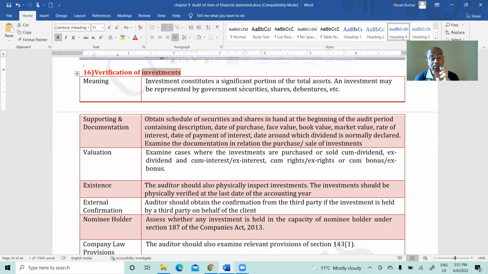When you say investment, normally it refers to financial assets, that means not a real asset. It is a financial instrument, like equity shares, bonds, mutual funds, pension plans, some government notes, some sort of money market instruments. That is this one. Sandeep, read this 16th question.